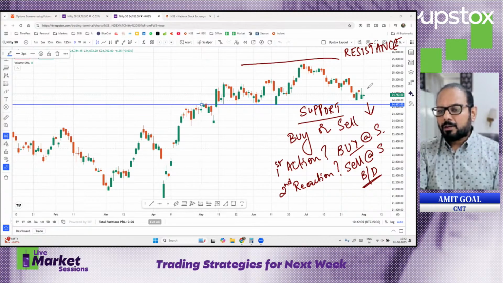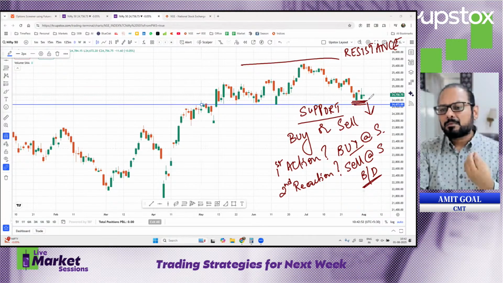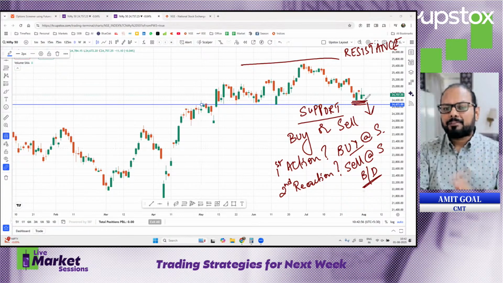Right now, because the price action is attempting to go up, let us give the benefit of the doubt to the market and try and participate in a possible bullish move from here. That's the primary technical analysis view that I will have.